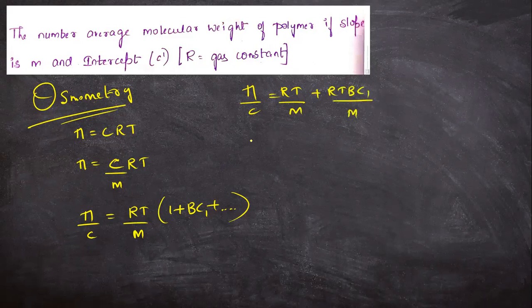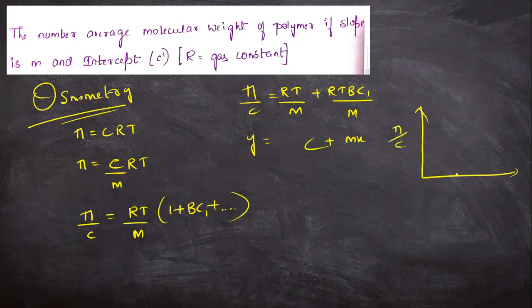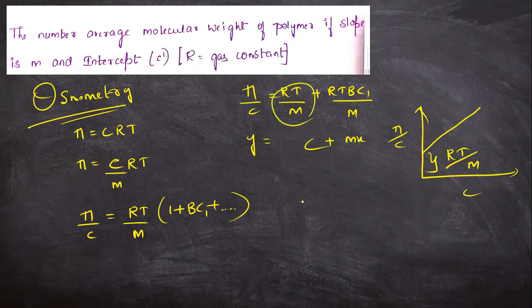This was the thing. So we have plotted a graph, y equals mx plus c, of pi by C versus C. It has a slope, with the intercept RT by M. So this is the intercept. Here they have given the intercept as C dash.